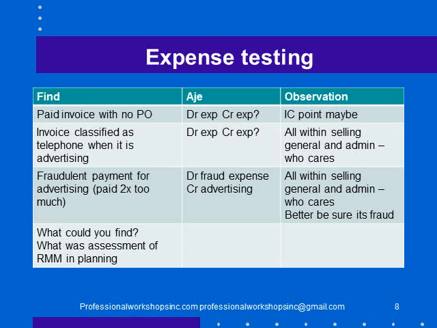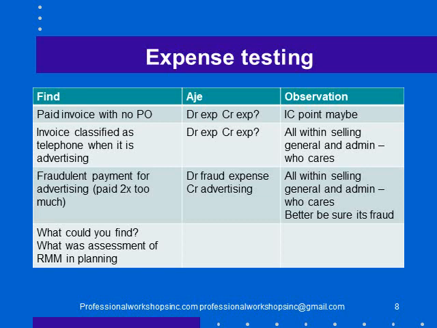Fraud. So we find out that we paid the advertising manager, paid a buddy of theirs 2 times too much. And so it's a fraudulent payment. Debit fraud expense, credit advertising, again, all within selling, general, and admin.